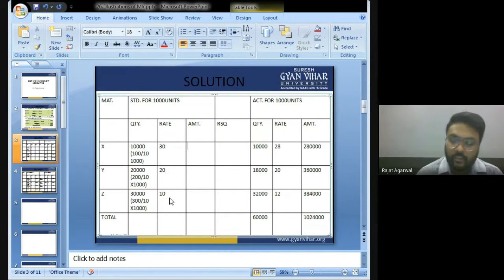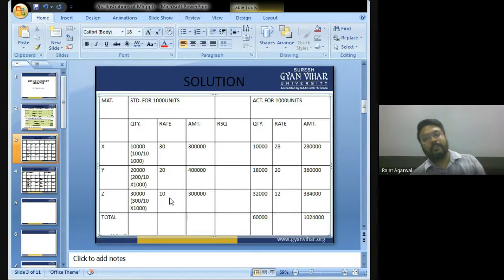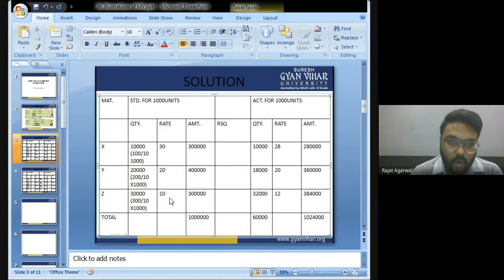Now 10,000 to 30, 3 lakh. 20,000 to 24 lakh. 30,000 to 10, 3 lakh. Now 3 lakh plus 4 lakh, 7 lakh plus 3 lakh, 10 lakh. Quantity is 30,000 plus 20,000, 50,000 plus 10,000, 60,000.